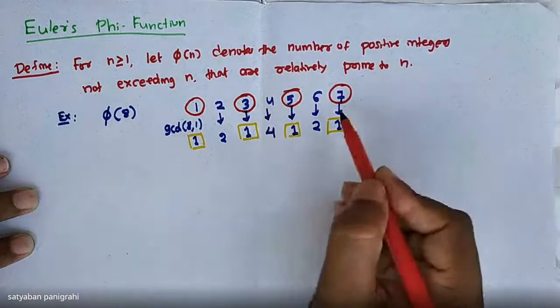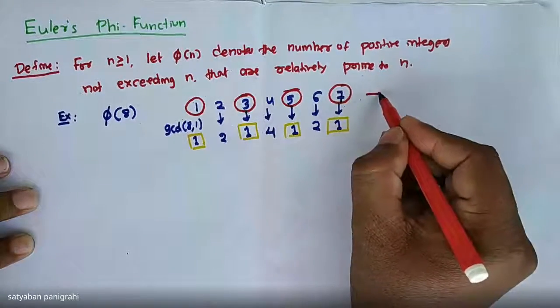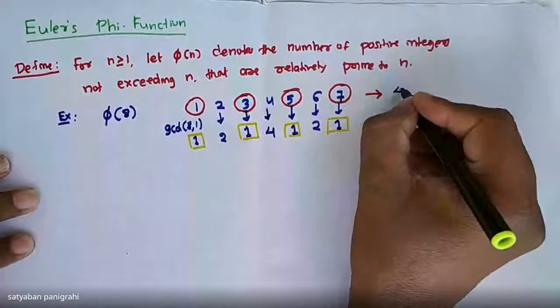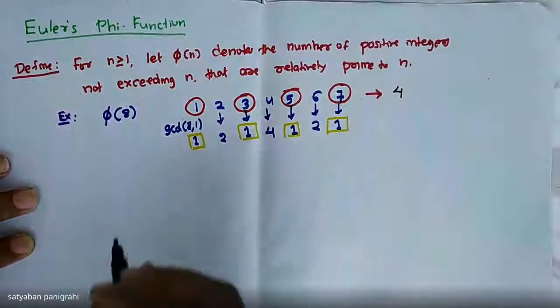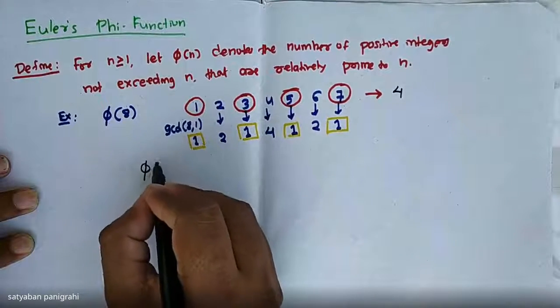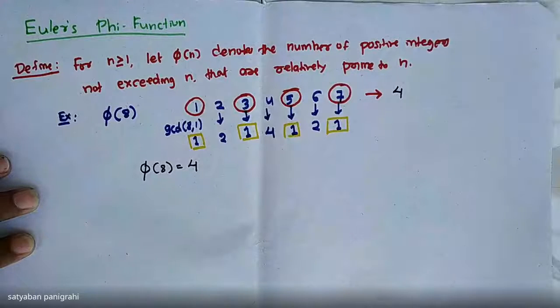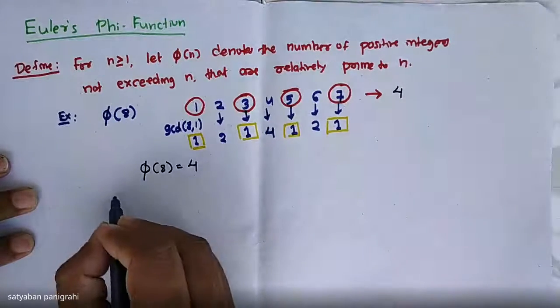Now, how many numbers are there? Here we have 4 numbers. So, we can say phi of 8 equals 4. Clear? Clear to all? Yes, sir.